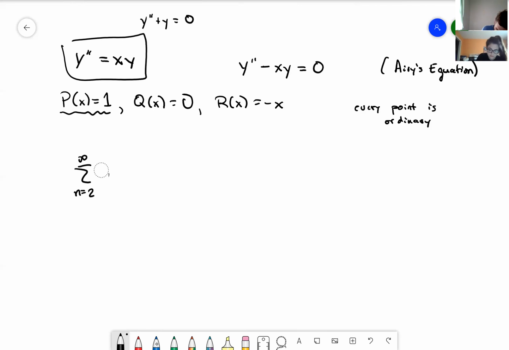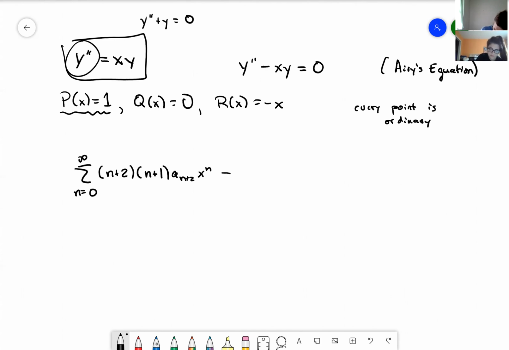Let's go ahead and do the renumbering. We've done this step before, we'll skip it and go straight to it. The sum of n plus 2 times n plus 1 a n plus 2 x to the n. We've already seen how to rewrite y double prime.